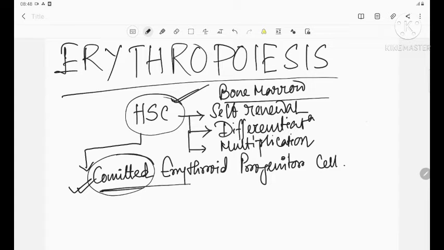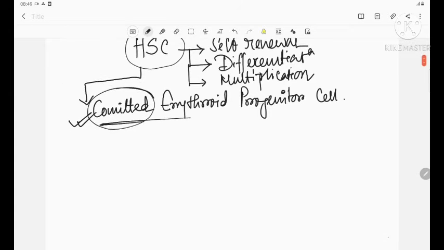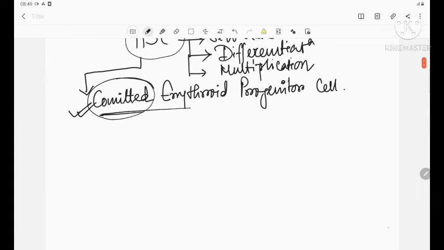Self-renewal means one stem cell forms another stem cell; they are going to multiply, and by the differentiation property they are going to form committed erythroid progenitor cells.